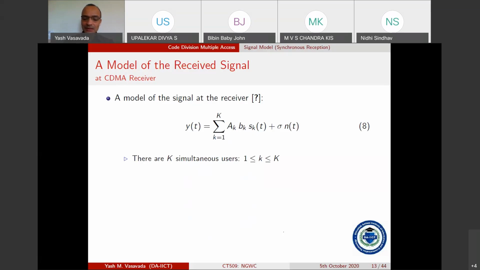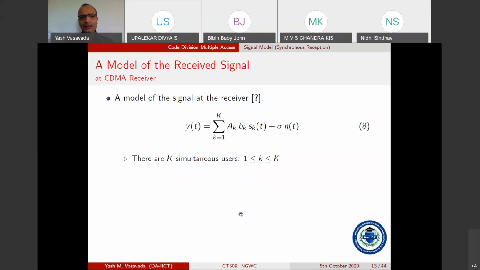And that allows us an improvement in the network level spectral efficiency. We can actually support more number of users, effectively higher overall aggregate system level data rate over the same bandwidth. So this model is pertinent over there. The CDMA is a very natural way to implement non-orthogonal multiple access.